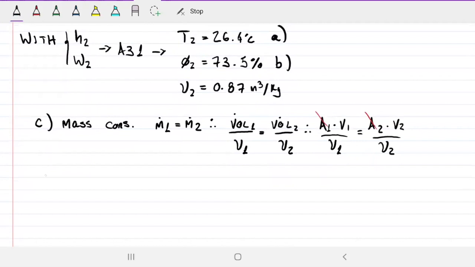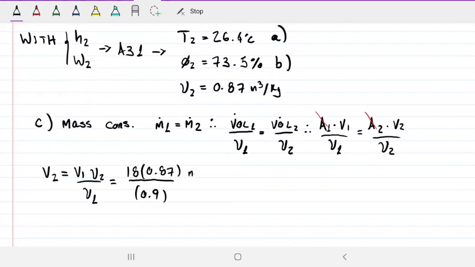And then you get the relationship that my velocity 2 has to be equal to my velocity 1 times my specific volume 2 divided by my specific volume 1. We have all that, so that's going to be 18, the initial velocity, times specific volume 2, 1.087, and my original one is 0.9.